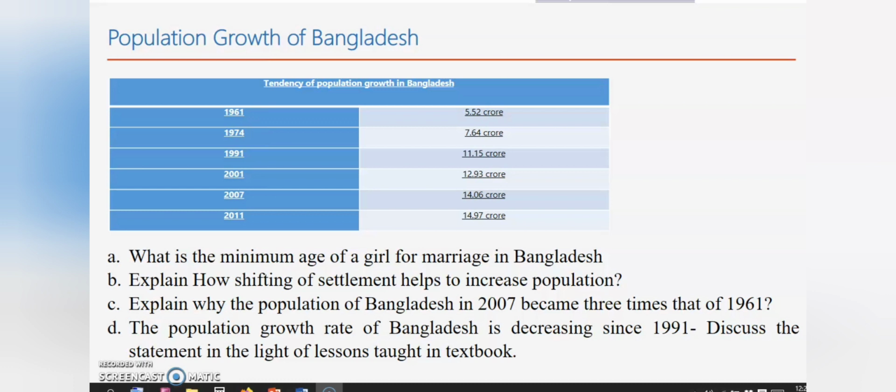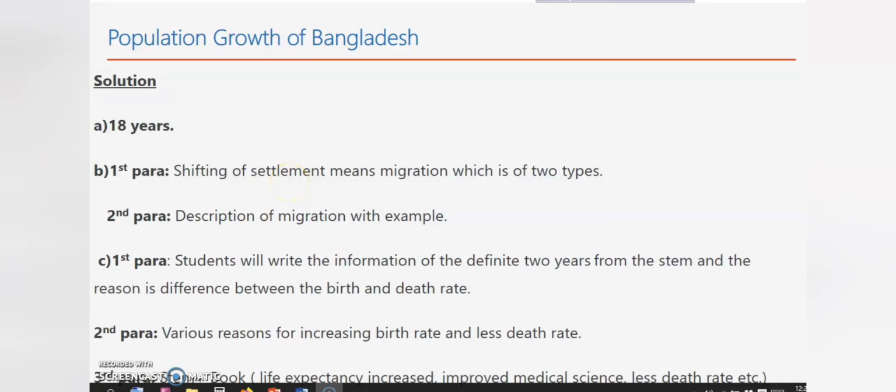Now, what is the answer of this creative question? The answer of the first question is 18 years. That means the minimum age of a girl for marriage in Bangladesh is 18 years.